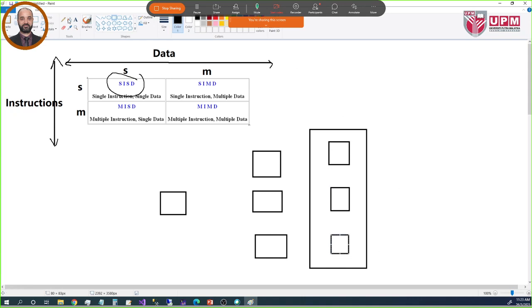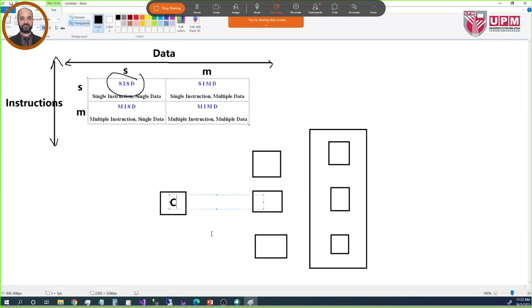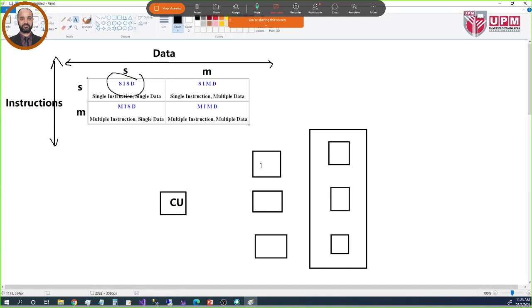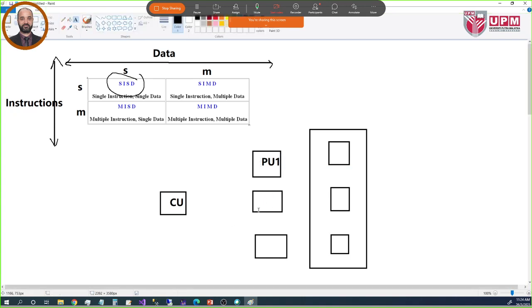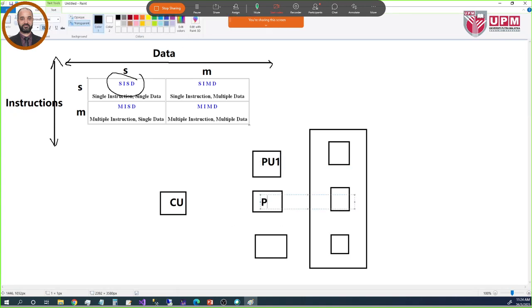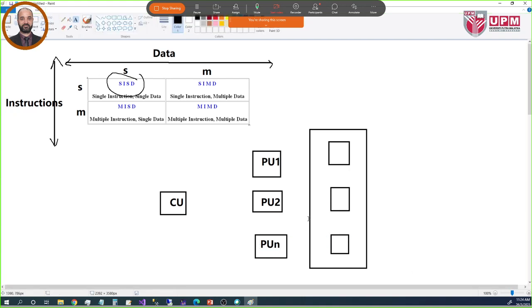Okay, so here let us put some annotations. This one is the control unit. This one is processing unit 1. This one is processing unit 2. This one is processing unit N. We used N because the number is not specified.